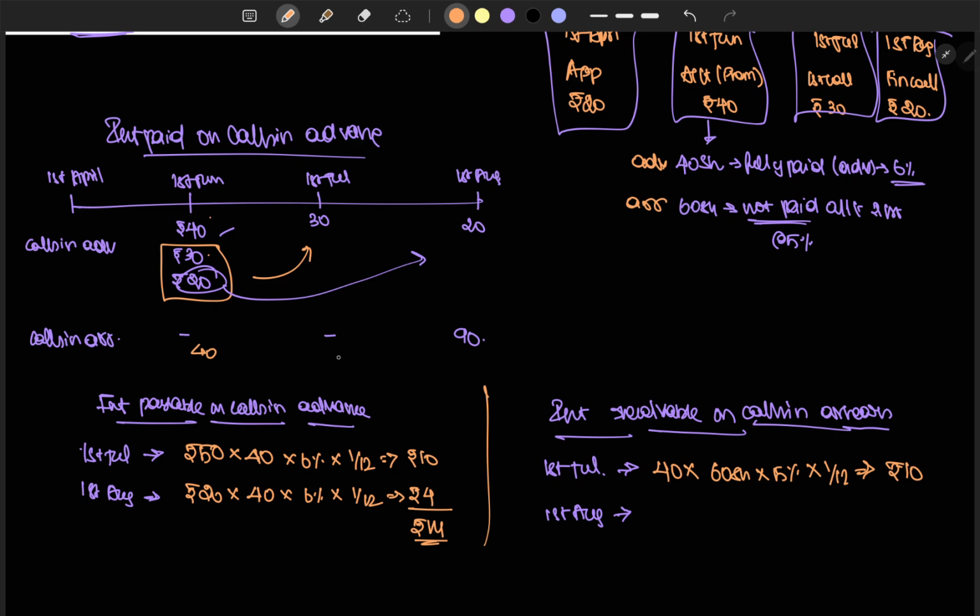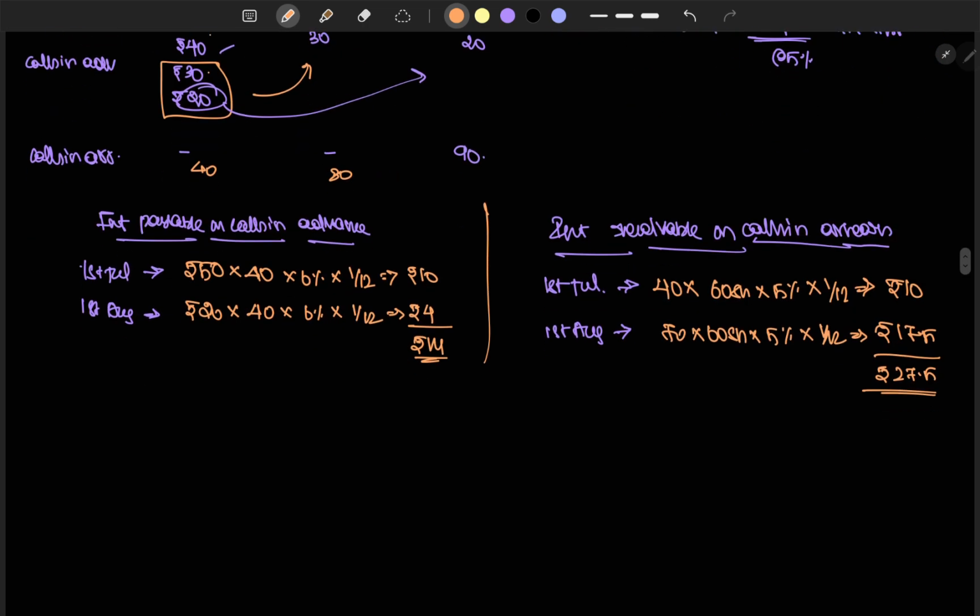So we have to charge interest for 70 rupees for 60 shares into 5 percentage into 1 month. 70 into 60 into 5 percentage divided by 12 gives us 17.5. So it totals to 27.5, right? So that's it, we found the interest payable on calls in advance and interest receivable on calls in arrears, and we finished with the interest part.